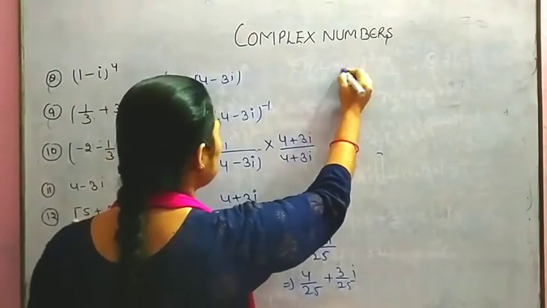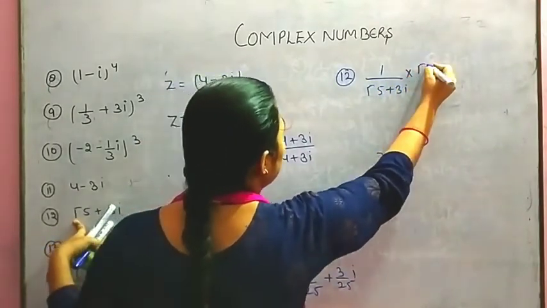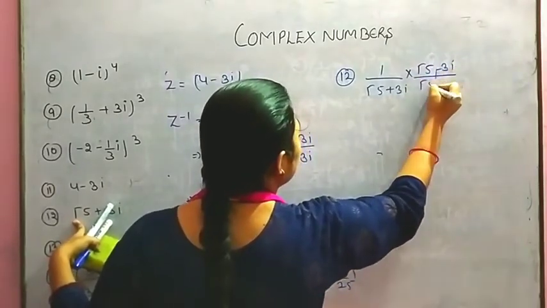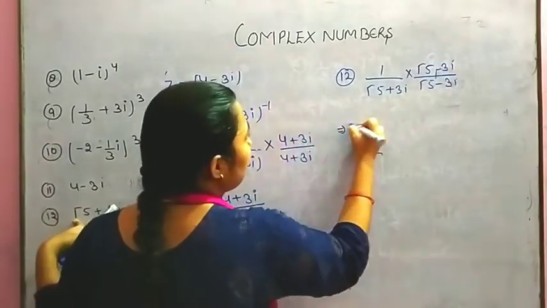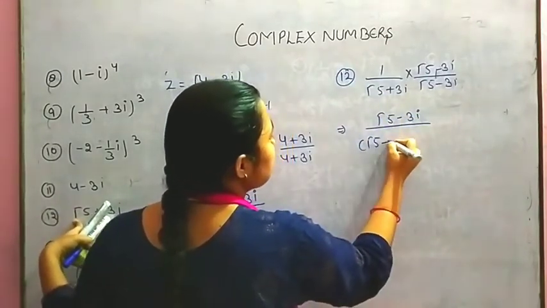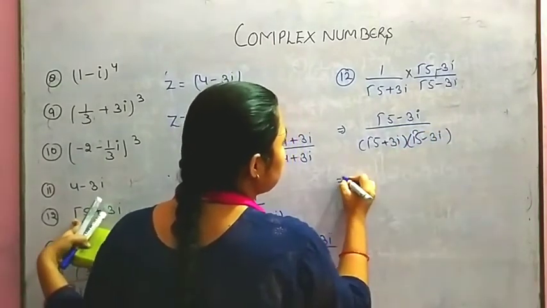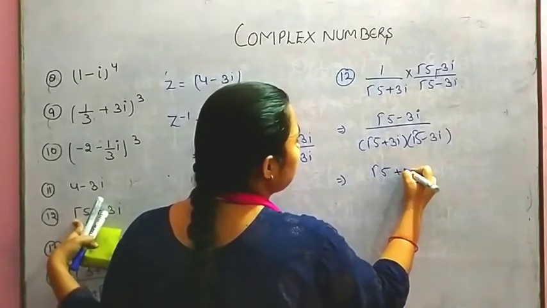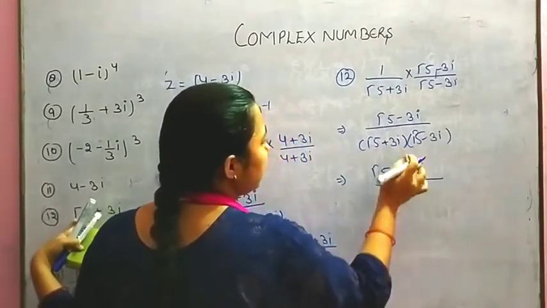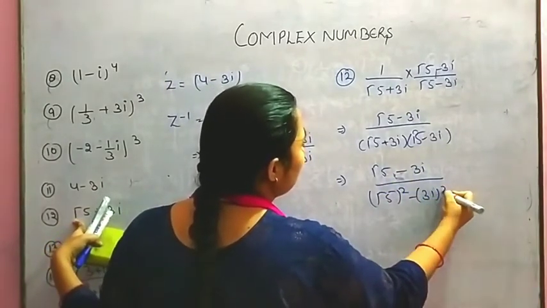In a similar way, root 5 plus 3i. Firstly, take the reciprocal of root 5 plus 3i. Then multiply by its conjugate, root 5 minus 3i upon root 5 minus 3i. We get root 5 minus 3i in the numerator and (root 5 + 3i) multiplied by (root 5 - 3i) in the denominator. By solving this we get root 5 minus 3i upon, applying (a + b)(a - b), root 5 whole square minus (3i) whole square.